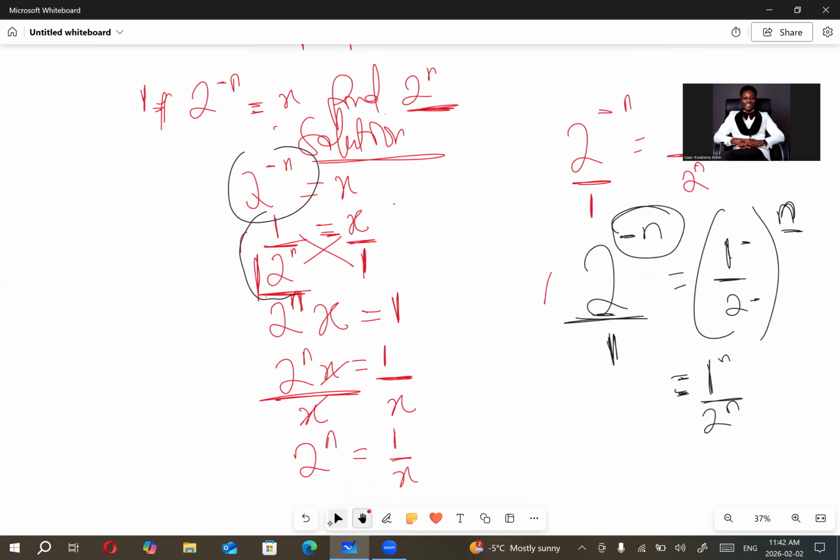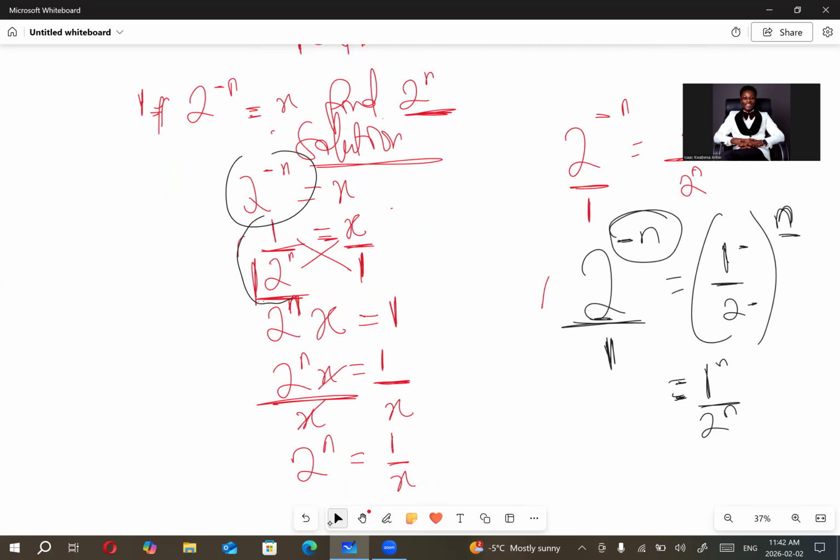Then I was telling them that when you have a fraction equals a whole number, or a fraction equals a fraction, or even a whole number equals a fraction, just cross multiply. That is it. That's a way to solve.